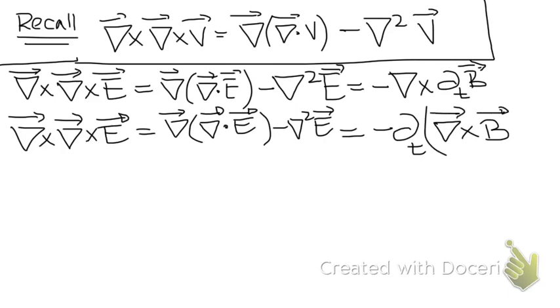So from now on I'm not going to be writing these vector signs on top of the vector quantities, and like I said, I'm going to assume that you know the difference between a vector and a scalar if you're watching this video. Alright, so let's move on and substitute the value of this curl of B, because we already know what that is from our Maxwell's equations.